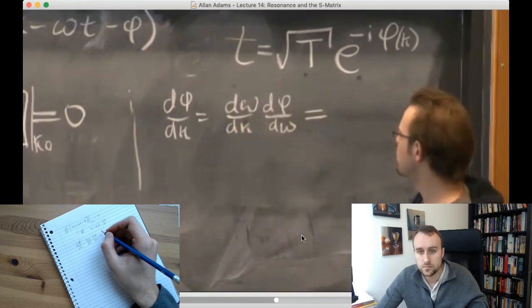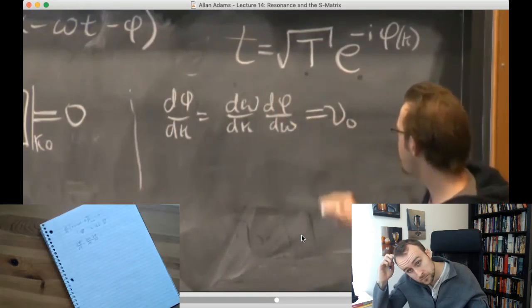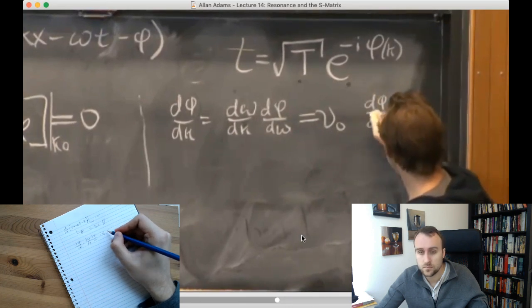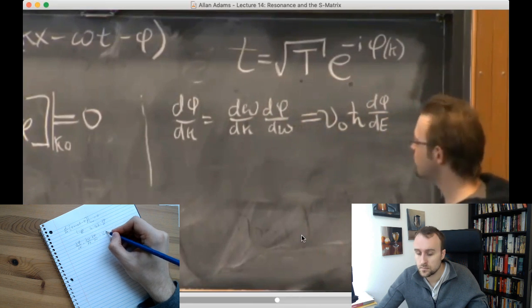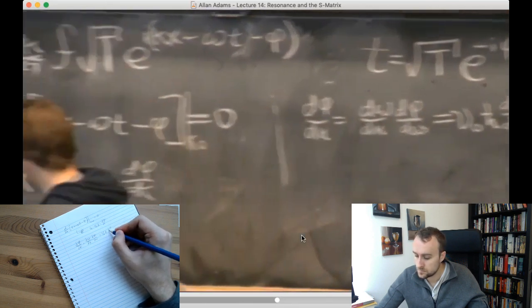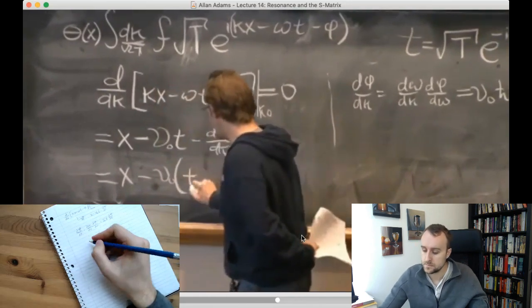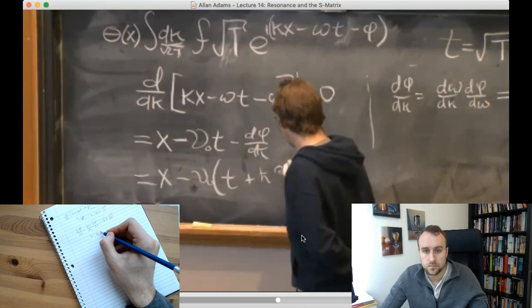This is just the chain rule. D omega dk, that's the classical velocity. D phi d omega is d phi dE times h bar. I just multiplied by h bar on the top and bottom. So this is equal to x minus v naught t plus h bar d phi dE.